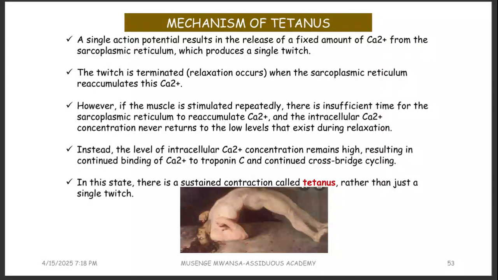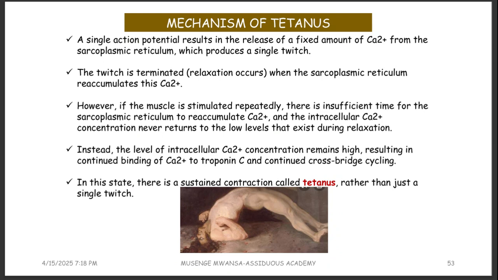So there's something which is known as tetanus. How does it happen? A single action potential results in the release of a fixed amount of calcium from the sarcoplasmic reticulum, and that will produce a single contraction, a single twitch.